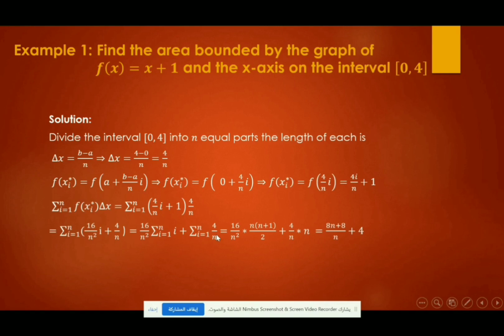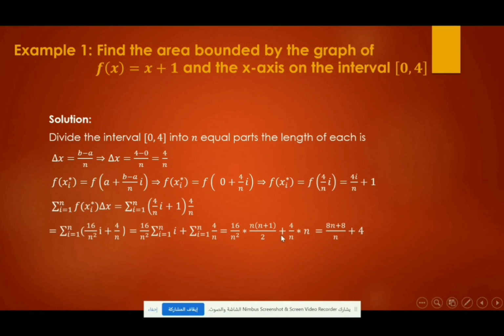Now we are going to use the properties again by leaving the constant outside, and think about property number 4. The summation from 1 to n of i will be replaced by that rule, n times (n plus 1) over 2. Then take the plus and write it as it is here.